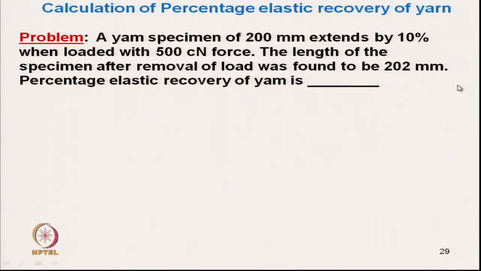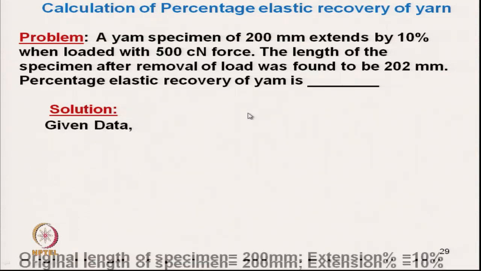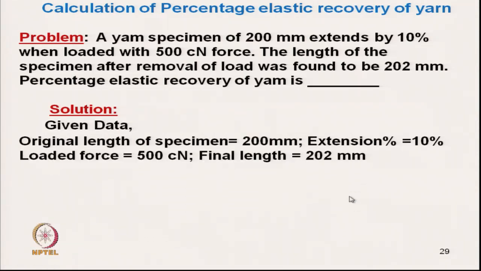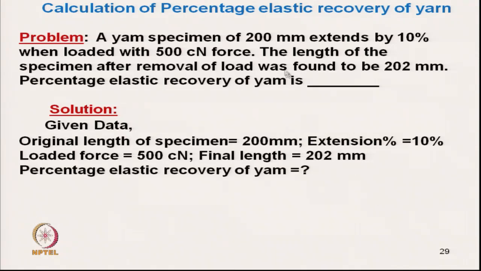So, after removal there is a deformation, it was initially 200, now it has become 202. Calculate the percentage elastic recovery of the yarn. Here the load value is not required because the extension value is known.